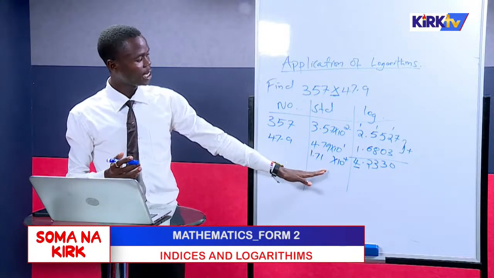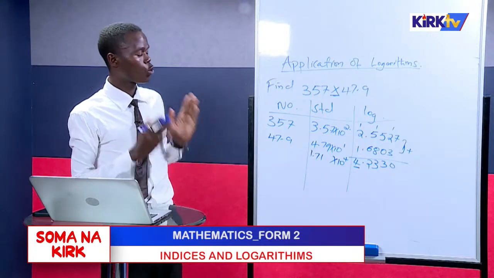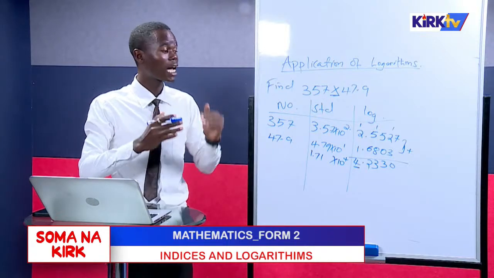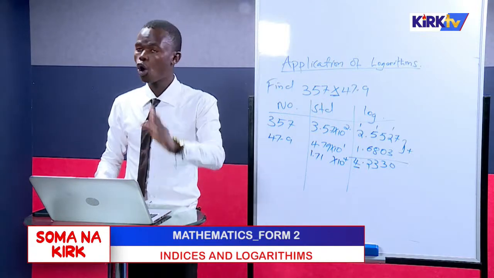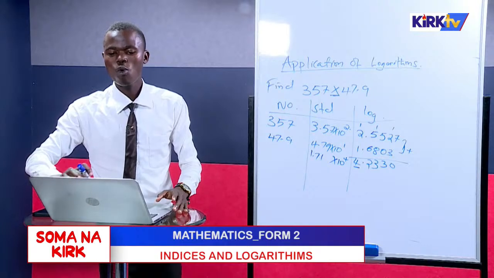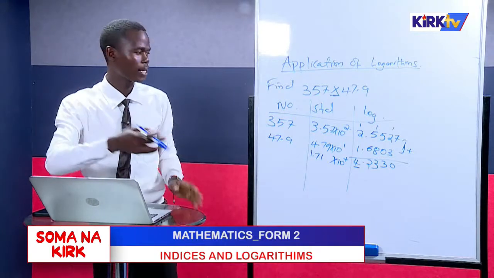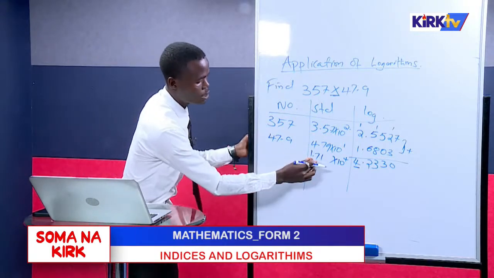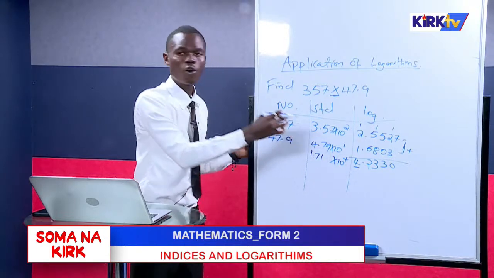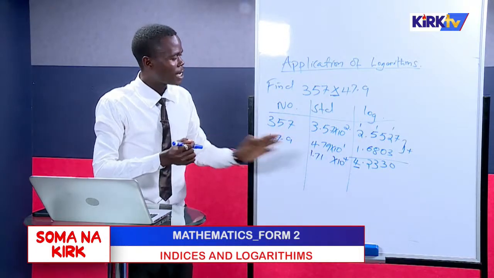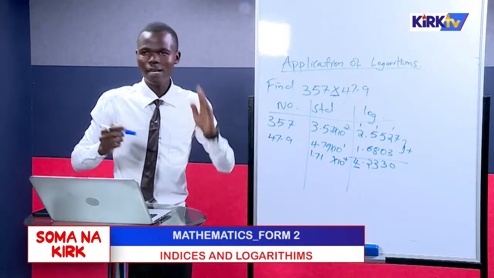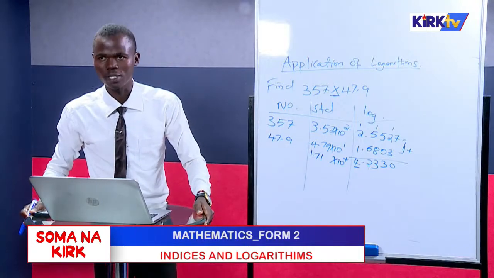One, you can leave your answer in standard form, which will be 1.71 times 10 raised to power 4. Or you can simplify it by multiplying. Raised to power 4 simply means it is 1.71 times 10,000.